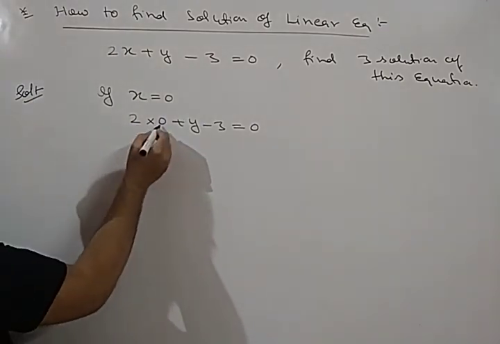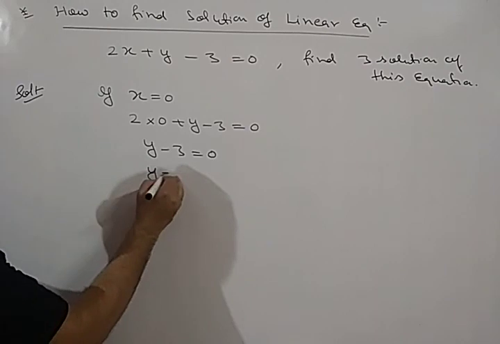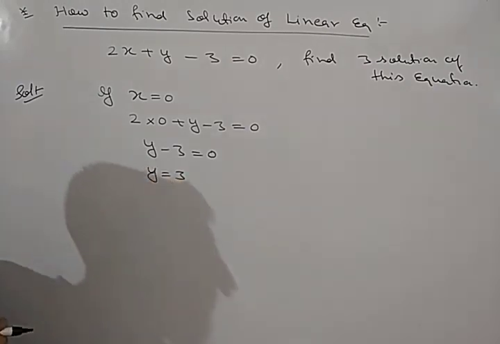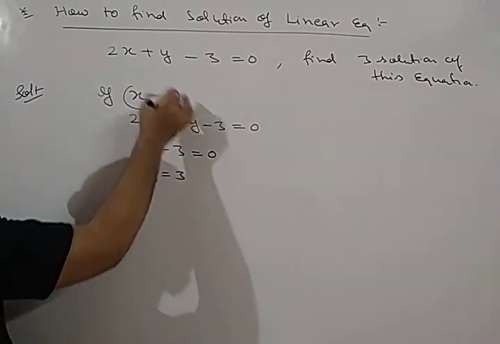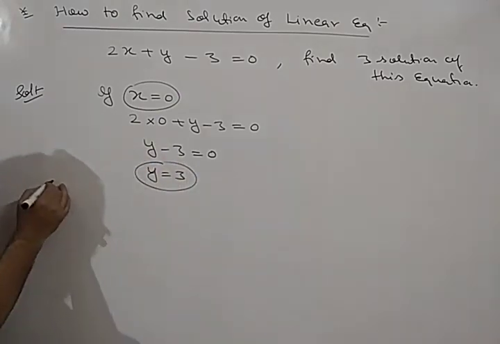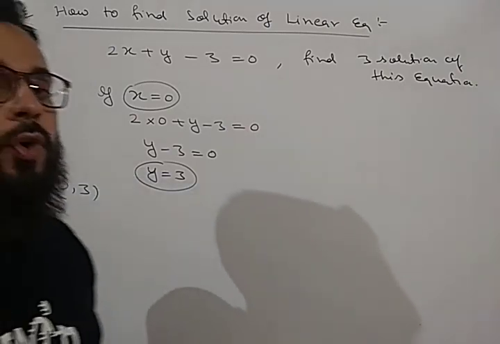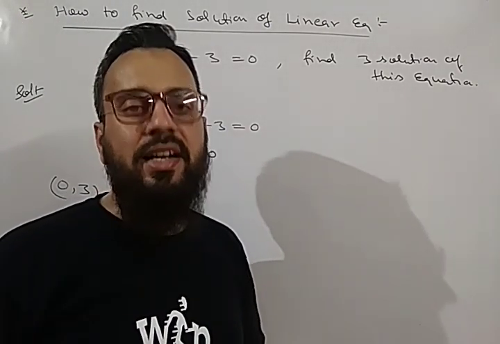So I just put x equal to 0. Then we will get 2 into 0, it will be 0. So we will get y minus 3 equal to 0. So y will be equal to 3. So for x equal to 0, the value of y is equal to 3. So we can say (0, 3). You will always write in terms of ordered pair as you write in coordinate geometry.